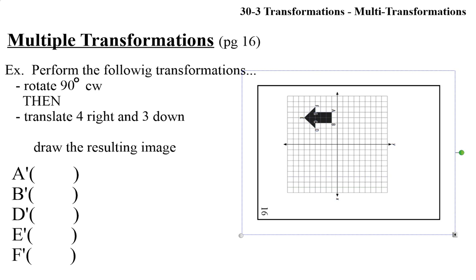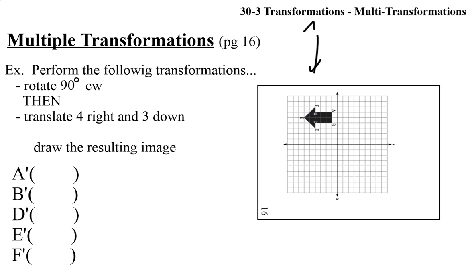So what I like to do sometimes is say, this is going to be my arrow prime. So where does A prime finish? At -1, 6. B is at -1 and 4.